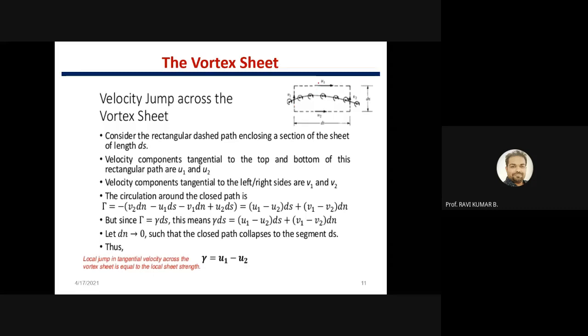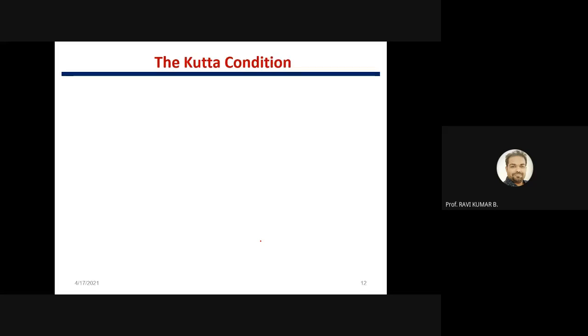So top surface velocity is u1, bottom surface it is u2. If it is having some strength, let's suppose small gamma, due to which there will be some jump in velocity. So u1 minus u2, like that, over a small distance you can find out the difference. And if you multiply by the corresponding distance, you get the circulation. So let's leave this, this is not that much of importance.